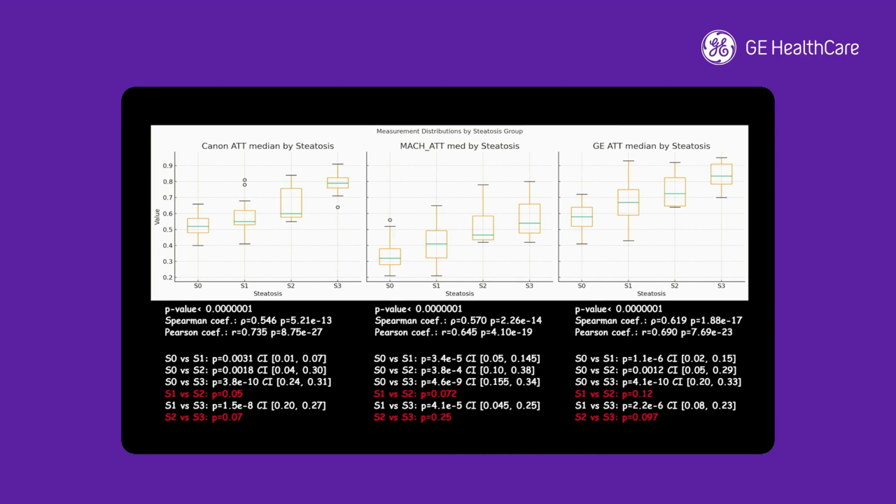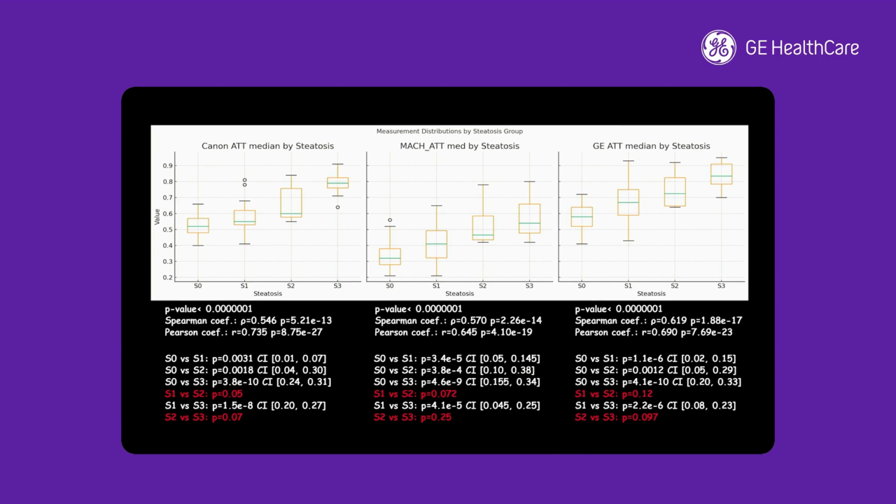And the previously published paper from Cassinotto was doing a much poorer job. However, you see that there's no really significant difference between the systems. All systems are capable of doing this kind of measurement with a pretty good correlation to the grade of steatosis, as determined from MR measurements of PDFF.